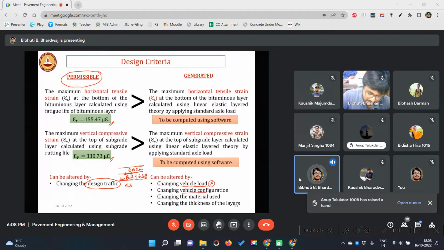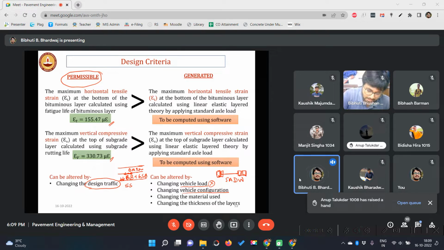Then changing the vehicle configuration, that also we cannot do because IRC says that the standard one for analysis should be this one. That means a single axle, dual wheel. Single axle, this is one axle, and dual wheel. Two wheels will be on each side of the axle.